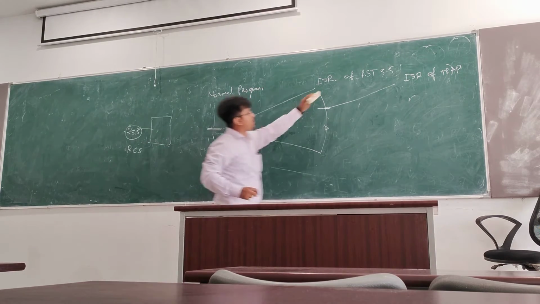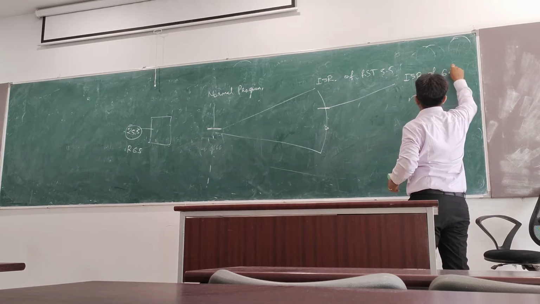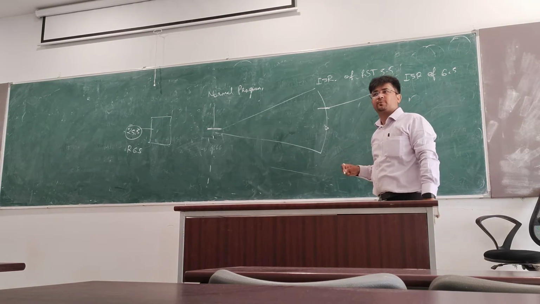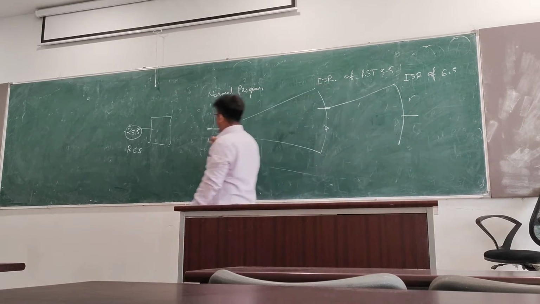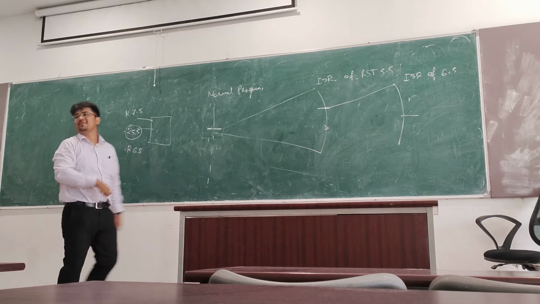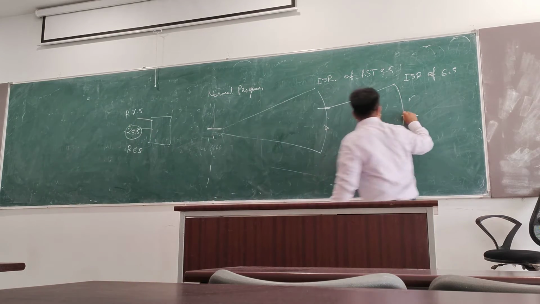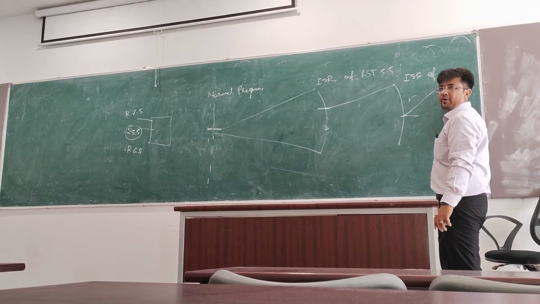Consider RST 5.5, RST 6.5. Now during execution of RST 6.5, यहाँ पे एक इंटरप्ट मिला RST 7.5. It will hold this execution and move to the ISR of RST 7.5.